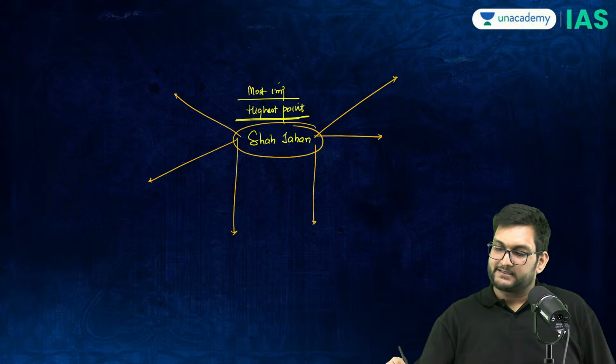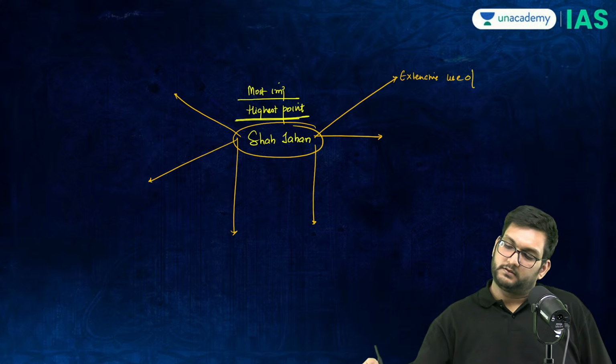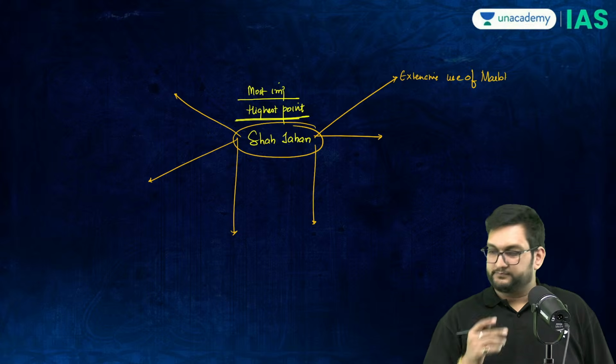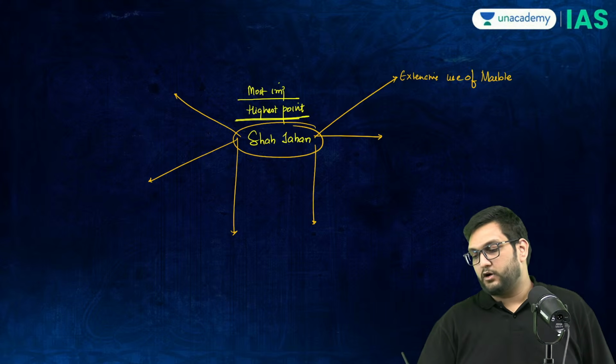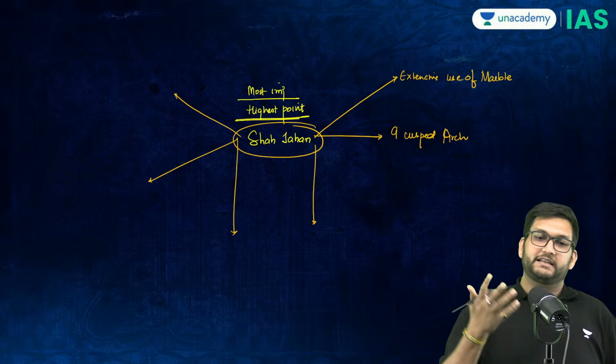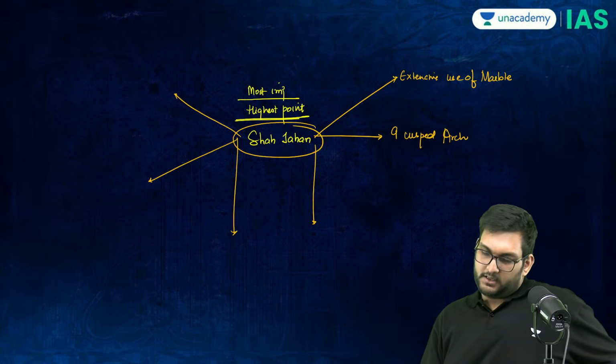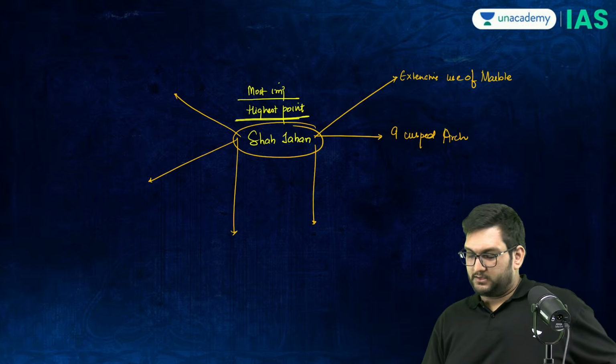First is extensive use of marble. Second is the nine cusped arch, which is called a Jahangiri arch. Then, yes, the deductionist, you can say that.